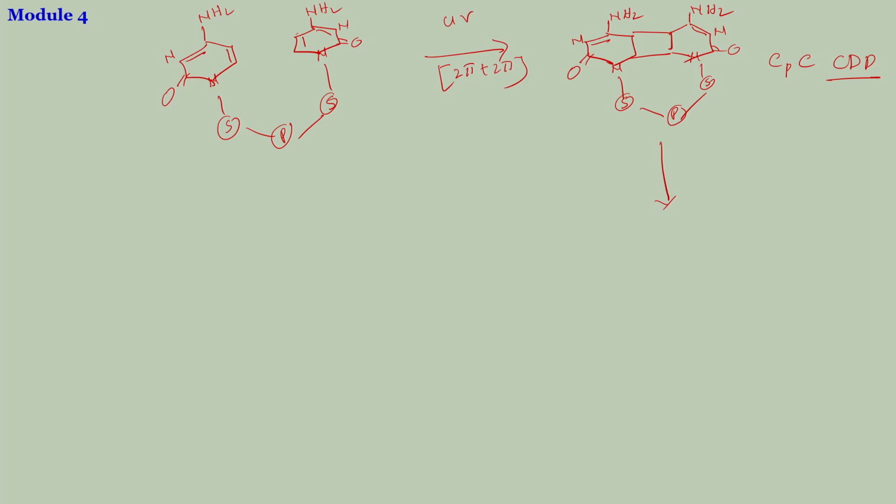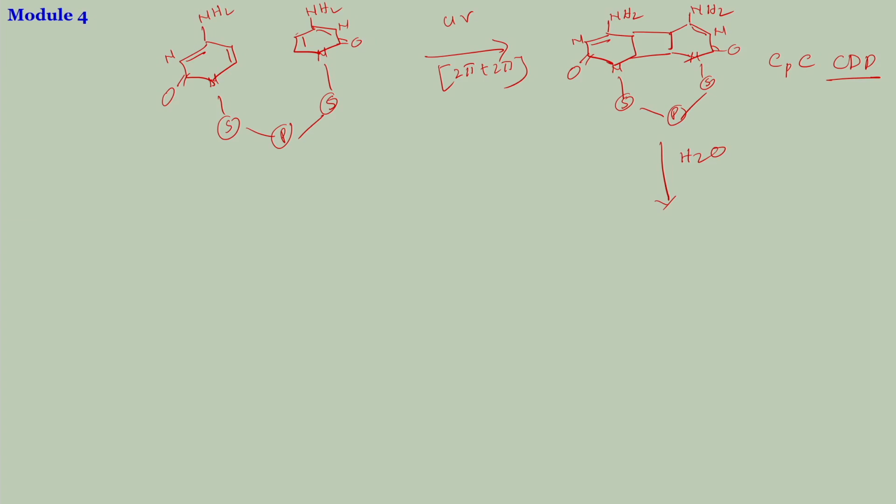Now, very interestingly, once this is formed from cytosines, what you have is amine group double bonded, and it has obviously lost its aromaticity. So, this makes this very susceptible for hydrolysis.